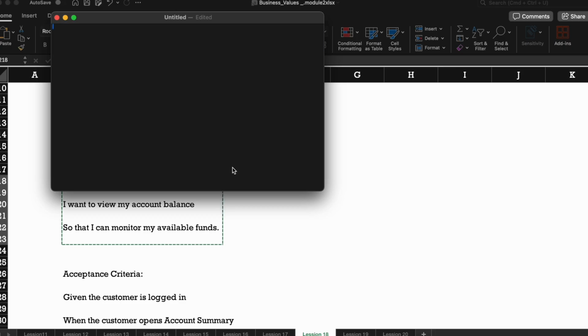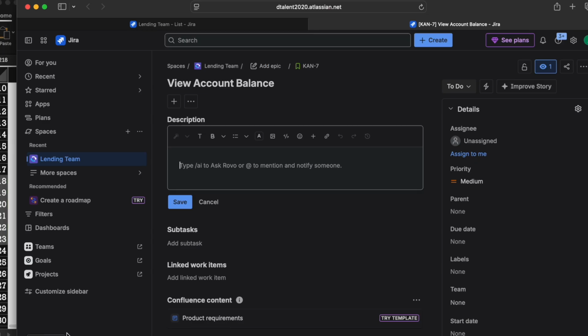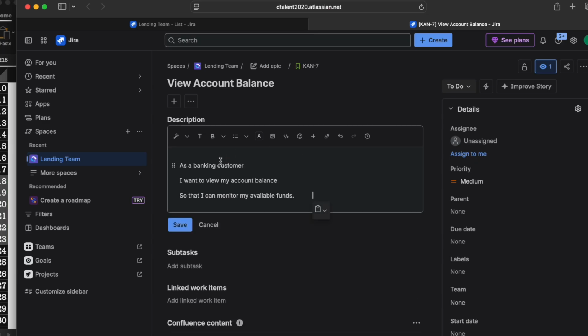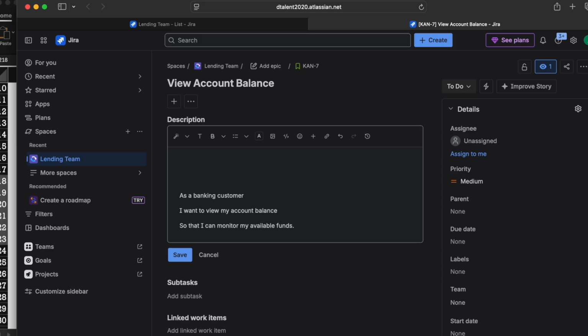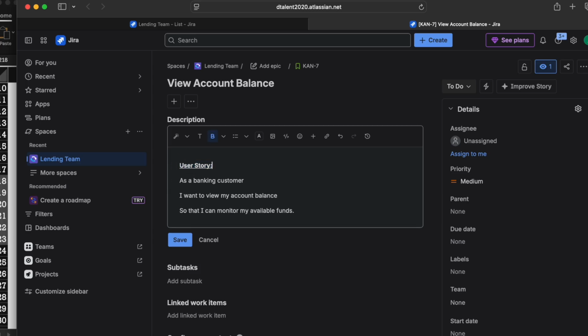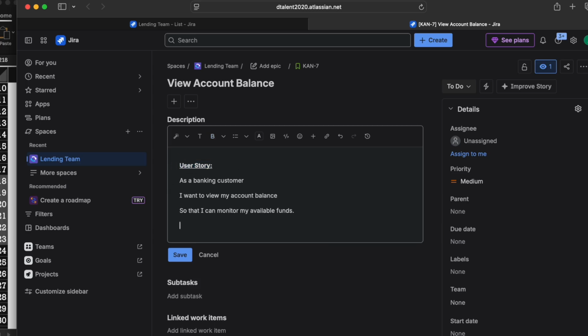I'll write simply here, user story, so that it's clear. You can do all the formatting. I highlight it, and this is our user story.